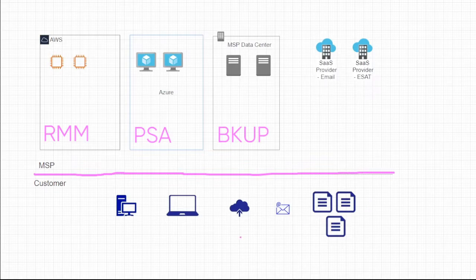And think about this from the perspective of someone doing an audit on you or involving you in their own compliance requirements. They receive an invoice from you for all these services, for RMM, for PSA, for backup, for email. And what they're asking by asking you to produce a SOC report is, is everything that you're selling me on this invoice up to snuff?